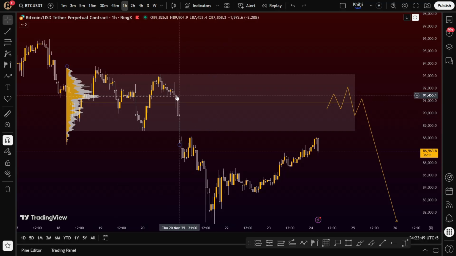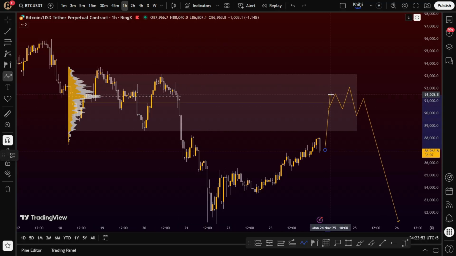This is where the most volume is. So whenever we get this, price is likely to reach a little bit above the 50% and reject from here. And again, then we will look for the market structure shift. But in this case, this is how I'm going to plot this.